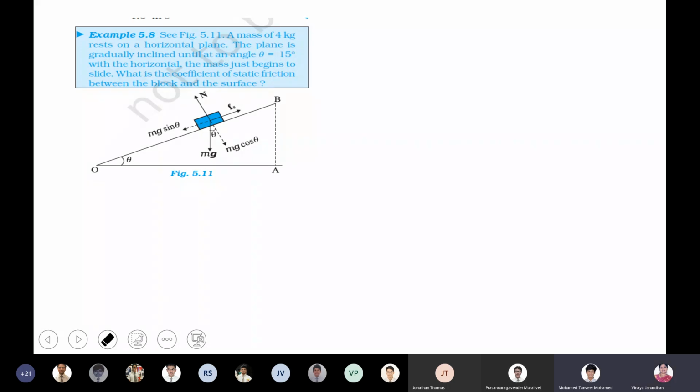Now here, which two forces are balanced? Mg sine theta and fs. Okay, mg sine theta is equal to fs. Then what else is balancing?